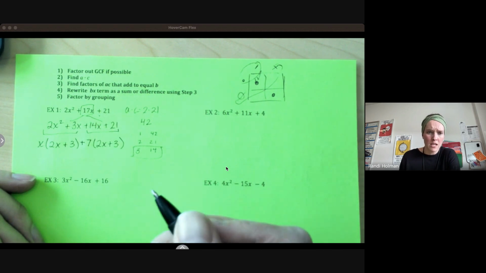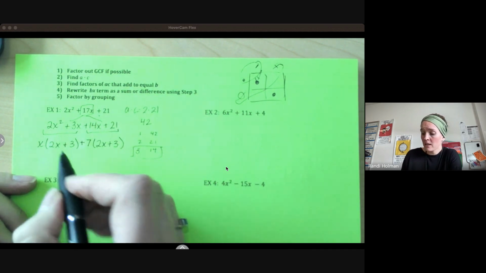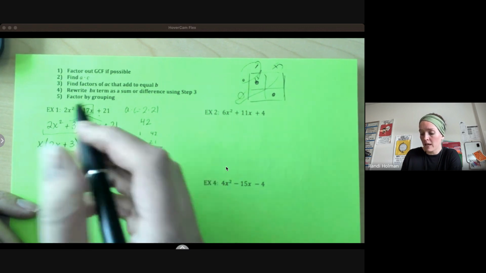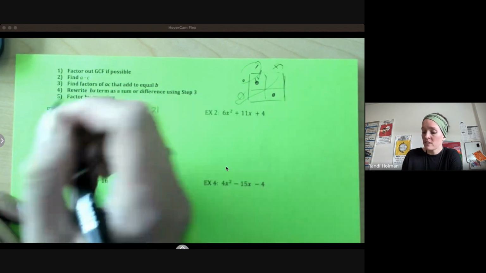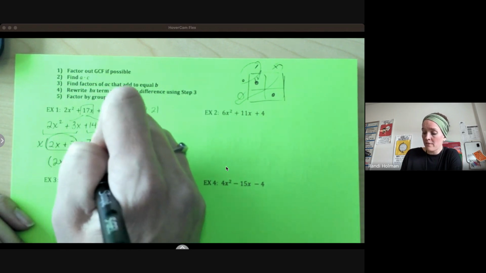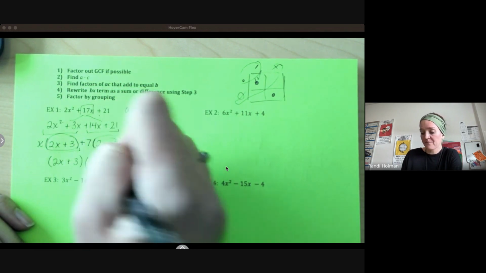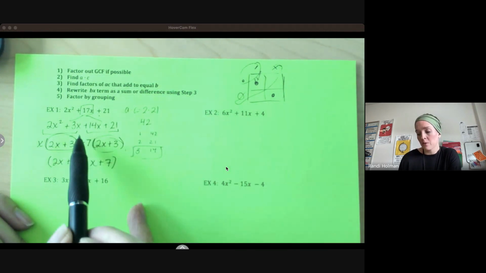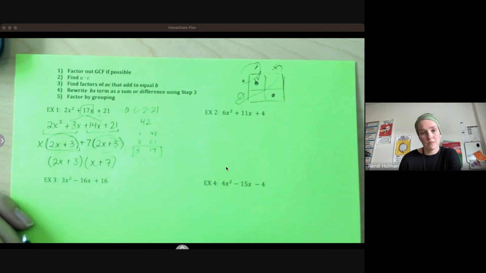Okay, so we did our greatest common factor once. Now, just like our four terms, we're going to do greatest common factor again. So these two big terms, we're looking at what they have in common. They both have this 2x plus 3. So we pull out 2x plus 3, and then we're left with an x plus 7. So really, our only difference is figuring out how to split that into four terms to then do our greatest common factor twice from there.